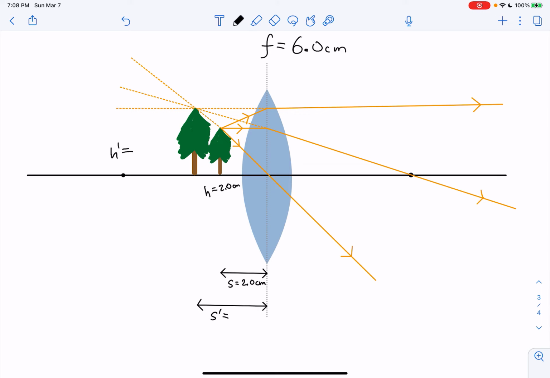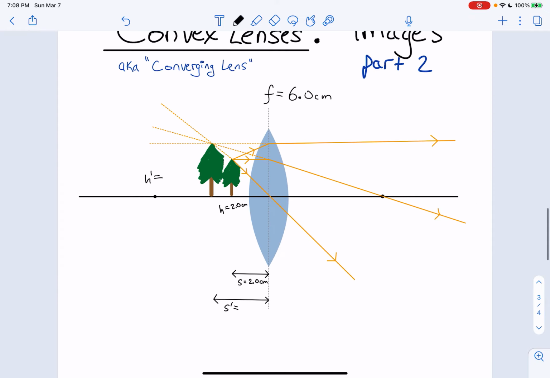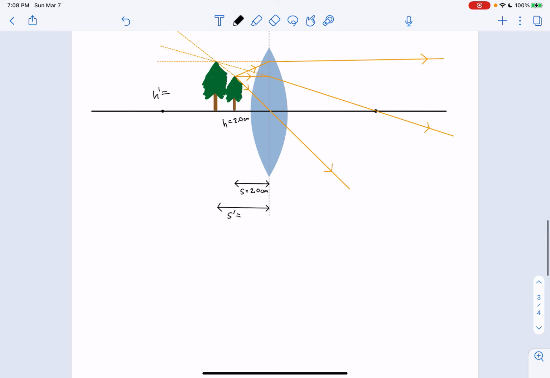So let's find those through a calculation using the thin lens equation. Alright, so it gets set up exactly the same way, where we have an equation for S prime, which is SF over S minus F. Except the numbers are a little different this time.